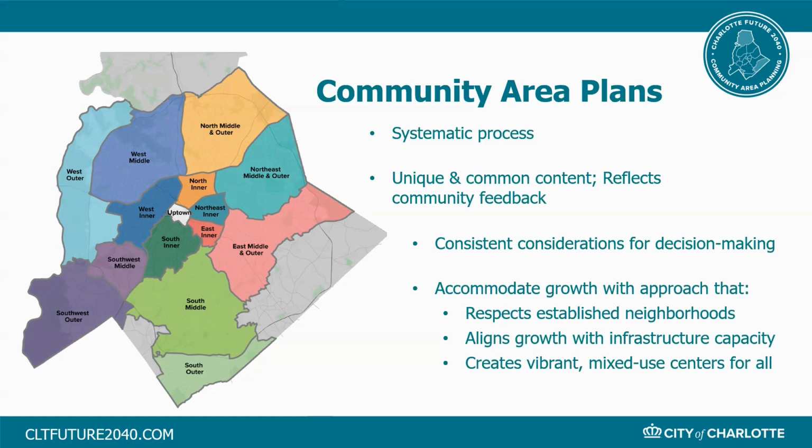These plans provide a common set of considerations for all decision makers to ensure we're consistently evaluating options in line with the city's vision. Over time, these considerations will help ensure growth is accommodated in a way that respects established neighborhoods, aligns growth with our infrastructure capacity, and creates vibrant mixed-use centers for all.